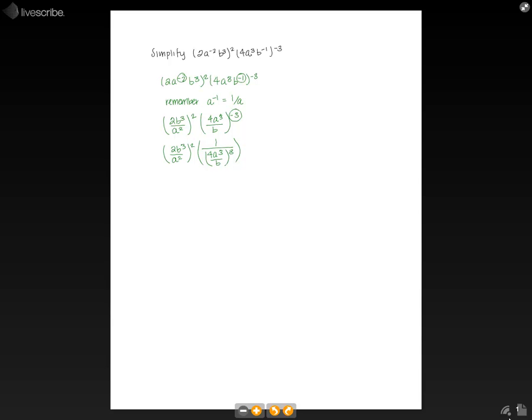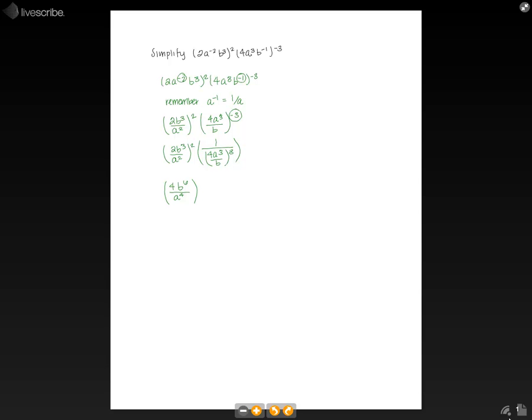The first thing we're going to want to do is take that squared and distribute it in the first term. So we're going to end up with 4b to the 6th over a to the 4th.